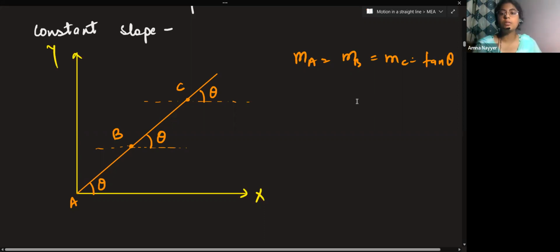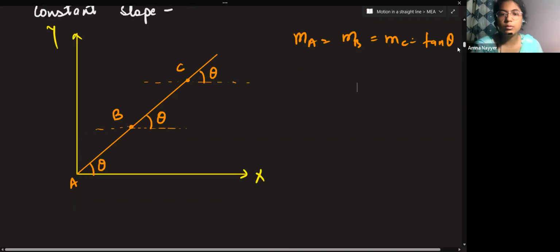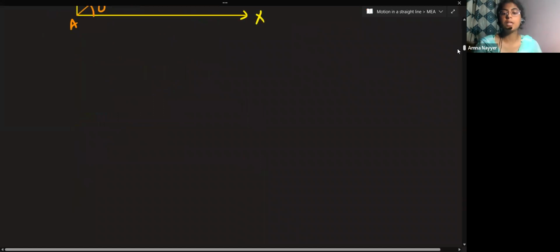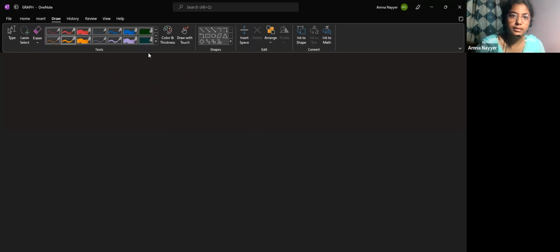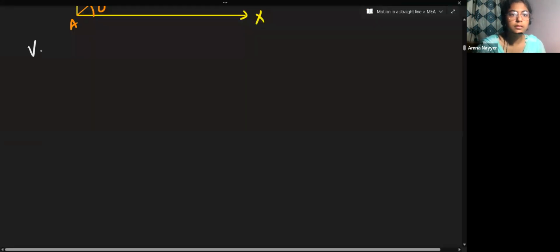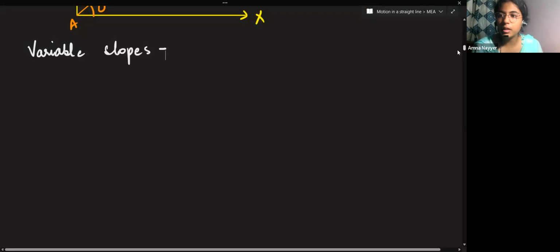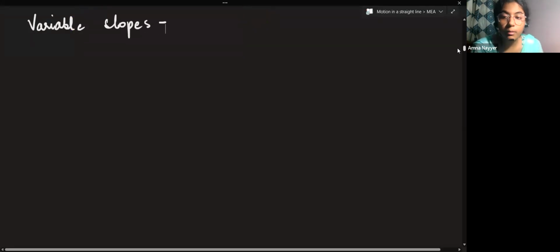Regarding variable slope, let me tell you first about variable slope. Variable slopes are also of two types, increasing and decreasing. Here, let me tell you both the graphs together. Okay? Wherever you're not able to get it, ask me, I'll repeat it.